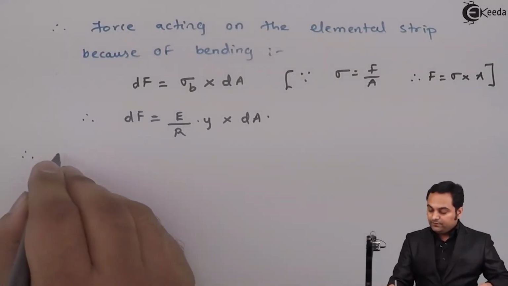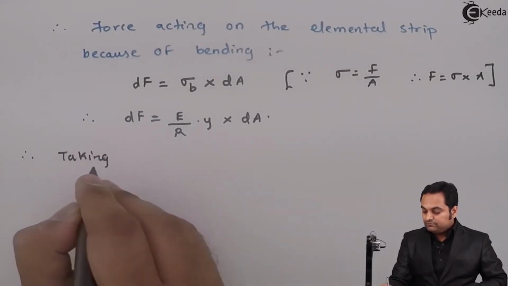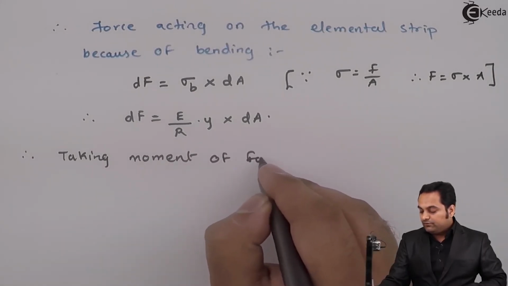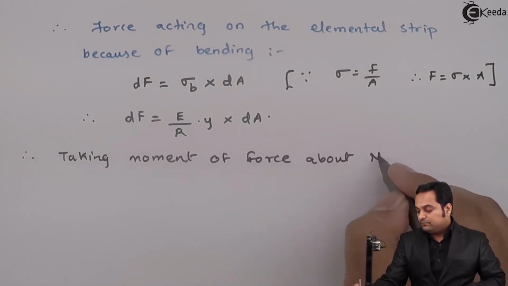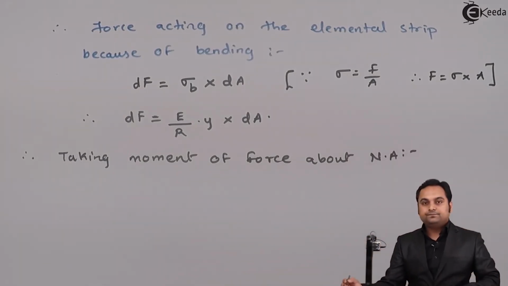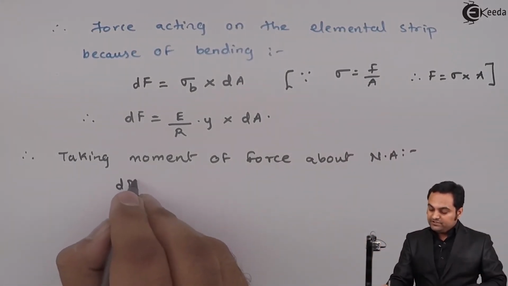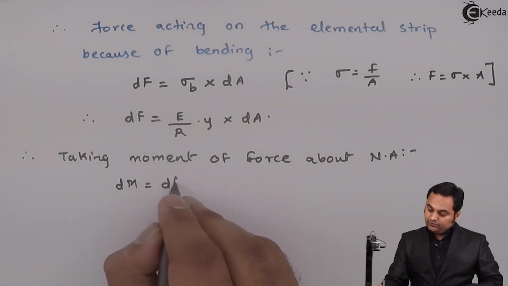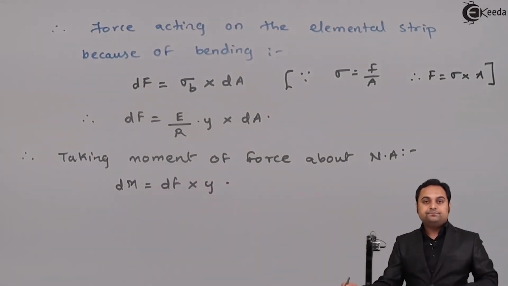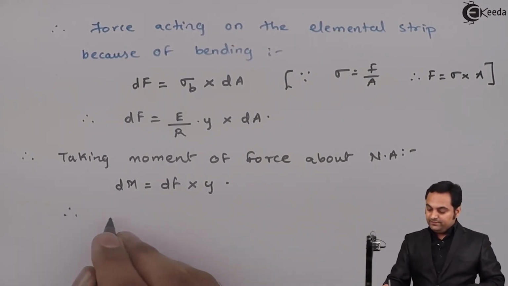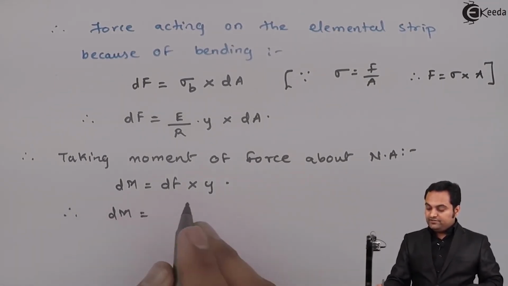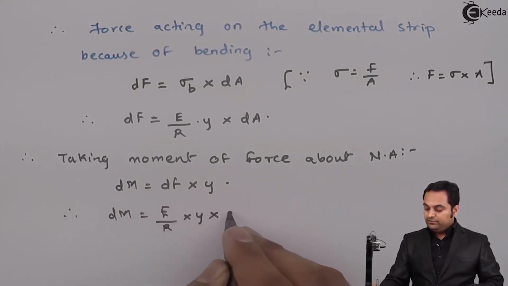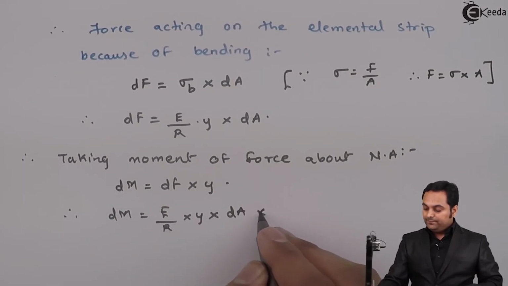So taking moment of force about the neutral axis, we have that moment as small dM, equal to the small amount of force into distance y, and here dF is equal to E by R into y into dA into y.